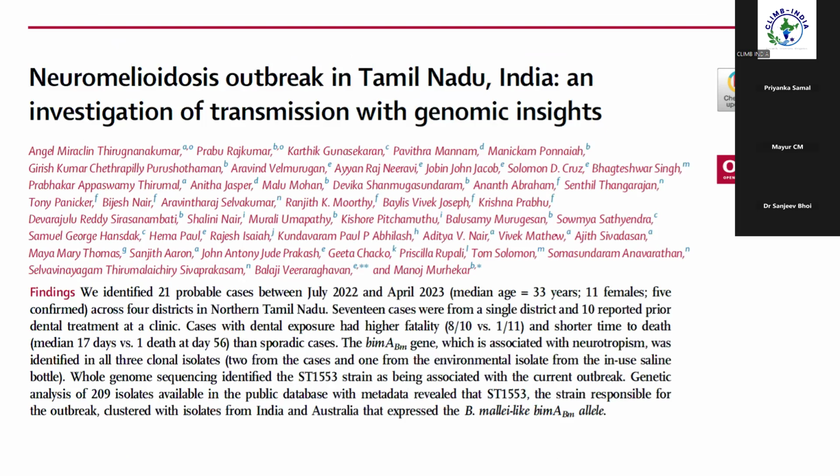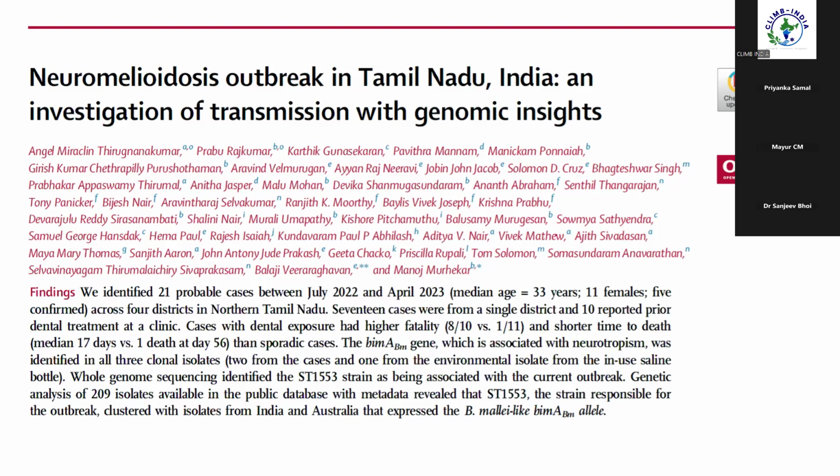Out of them, 11 cases were sporadic, and 10 were mainly related to prior exposure in a dental clinic. In this, the authors identified the BimABM gene, which was associated with neurotropism and was responsible for the outbreak, and also identified the ST1553 strain as the major cause of this outbreak.